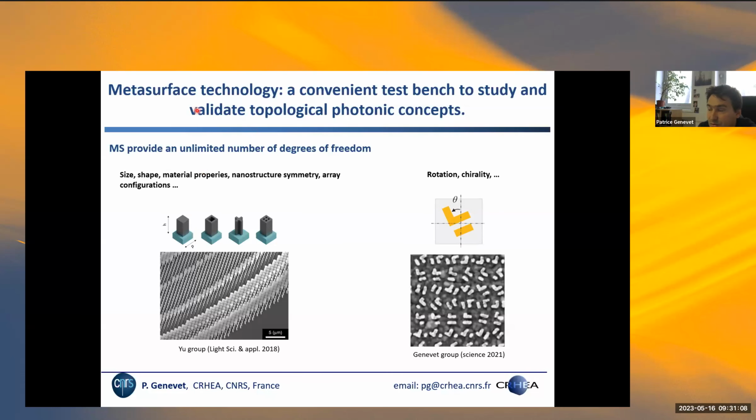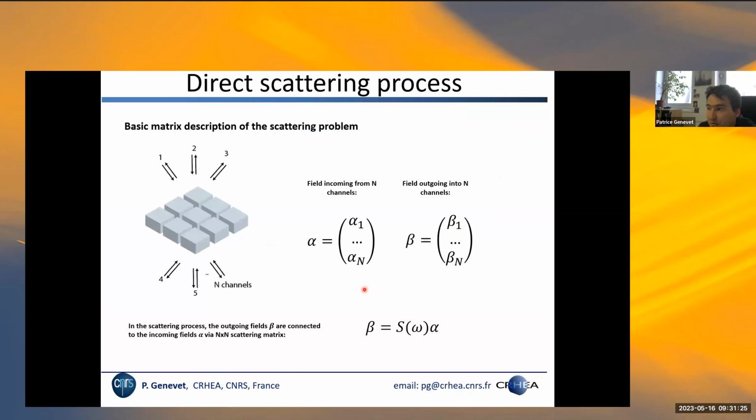And this metasurface is a very interesting technology because it provides a huge number of knobs to test and validate this topological photonic concept. You can play with the shape, the geometries, you can play with the chirality, the orientation of the structure, and it's very convenient. So what I'm going to do now is guide you a little bit more in the description of metasurfaces.